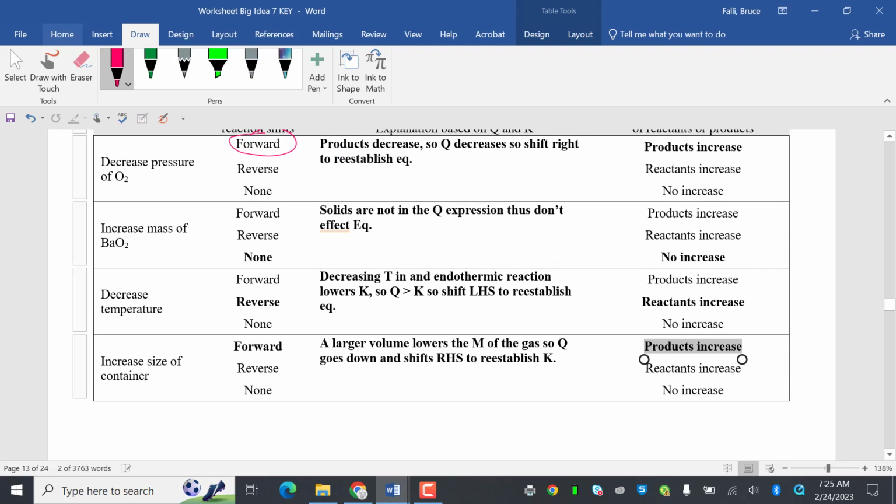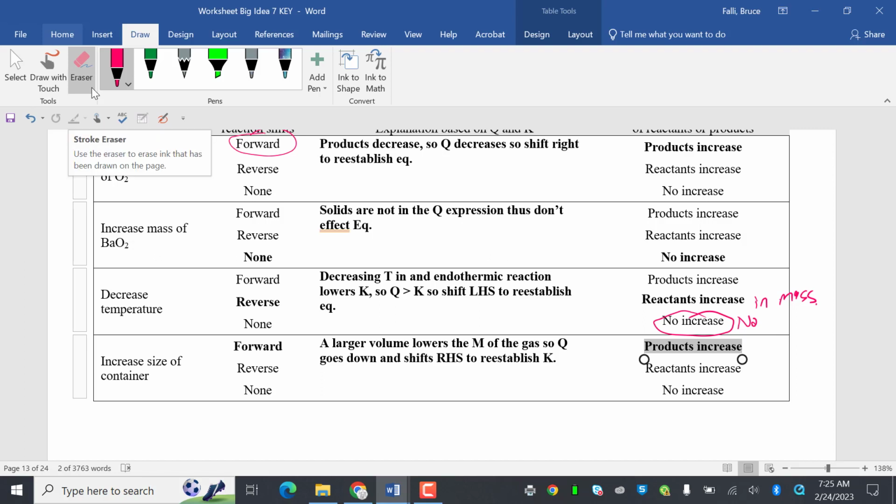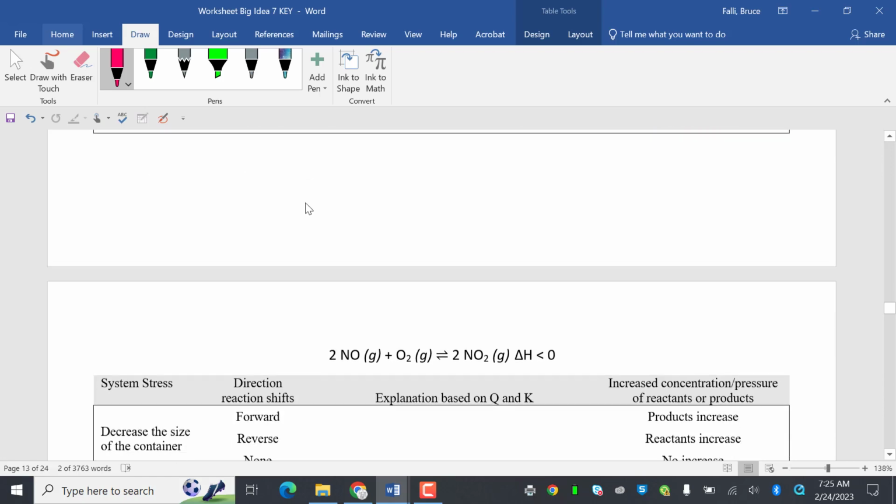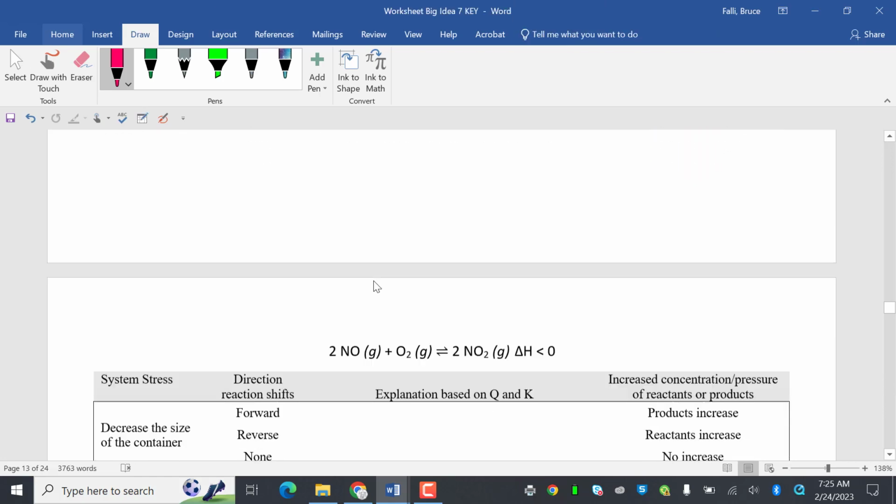So really the answer is no increase. But here they increase in mass, not pressure or amount. So the reactants increase in mass. Either one of those I would take because the question has a little bit of a flaw.